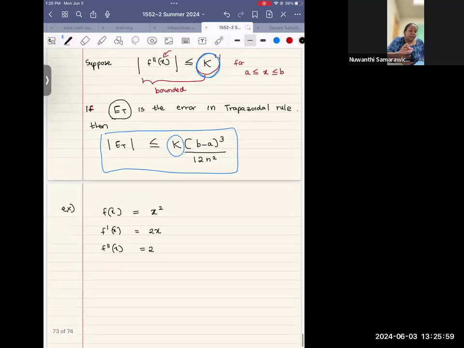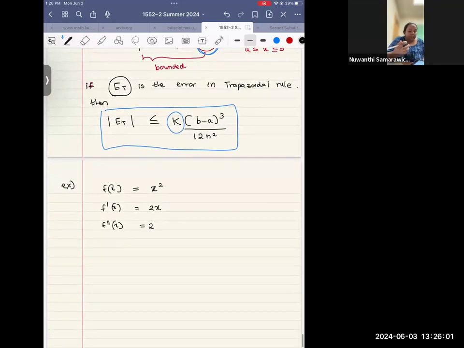So K can be any number. When you take the absolute value of the second derivative and it is less than or equal to K, you can take K equal to 2, or 3, or 1000, or any number.